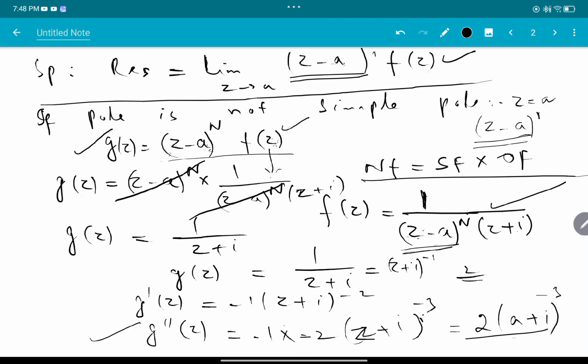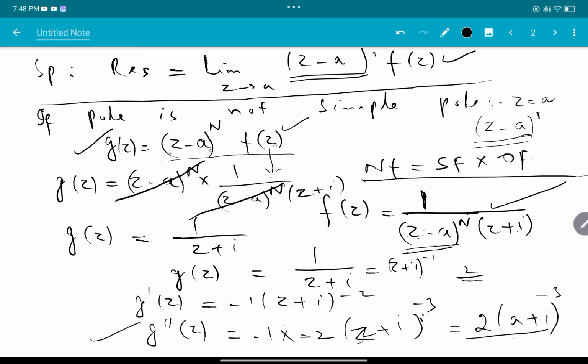The only difference between this and this is that here you substitute z equal to a directly without any differentiation. But here you differentiate, calculate the appropriate derivative, and then substitute the value a for z. That is the difference.